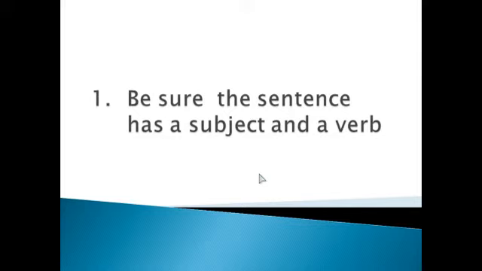Therefore, you should be able to do the following in sentence with one subject and verb. The first, be sure the sentence has a subject and a verb. You know that a sentence in English should have a subject and a verb.